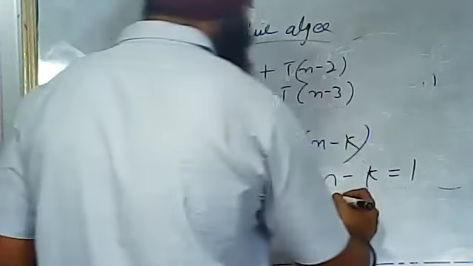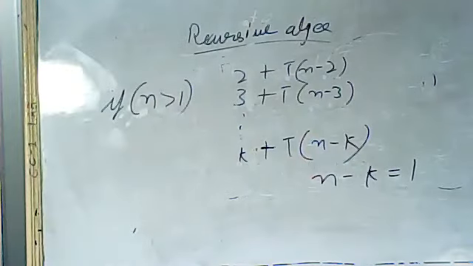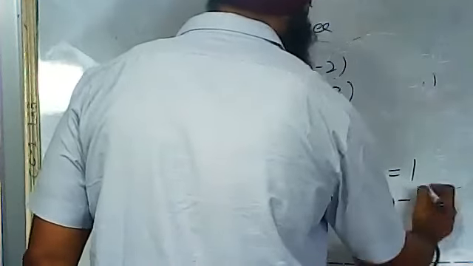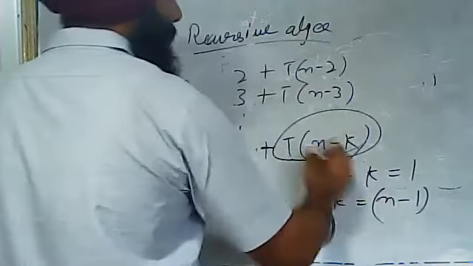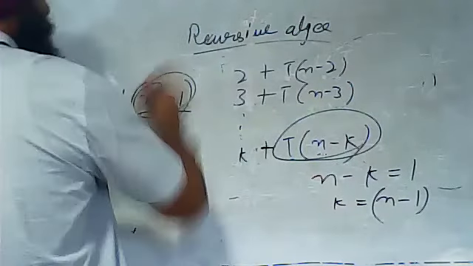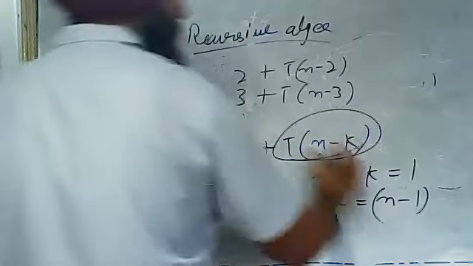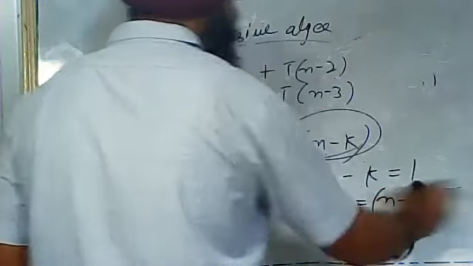So what will be the value of k in this case? k will be equal to n minus 1 here. This is the ending term, the last term. The last term will stop only if this whole time taken becomes equal to 1. So that's why I've written n minus k equals 1. Here we have the value of k, that is n minus 1.